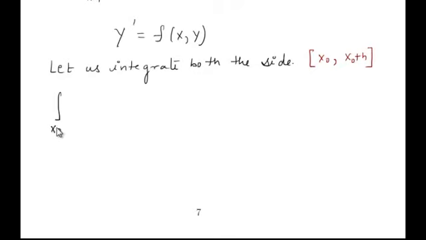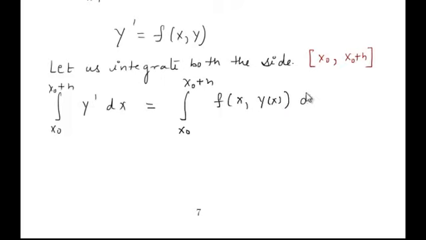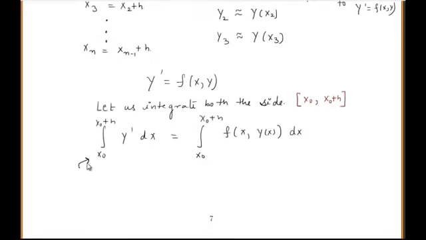So the integral from x0 to x0 plus h of y prime dx is equal to the integral from x0 to x0 plus h of f of x comma y(x) dx. Now what can I do here? Here I can apply the fundamental theorem of calculus, right?